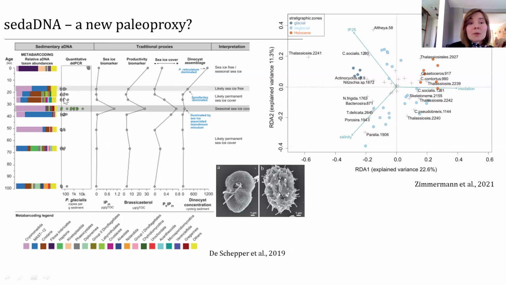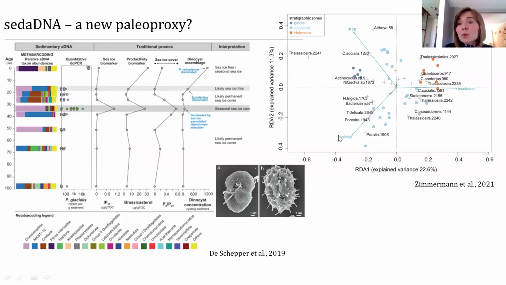So here you can see the results of this approach. And you see that there was an increase in the abundance of the sea ice associated dinoflagellate Polarella glacialis in the period of seasonal sea ice cover, which is favorable for growth and development of this taxa.